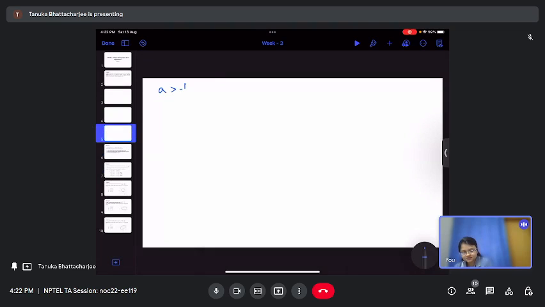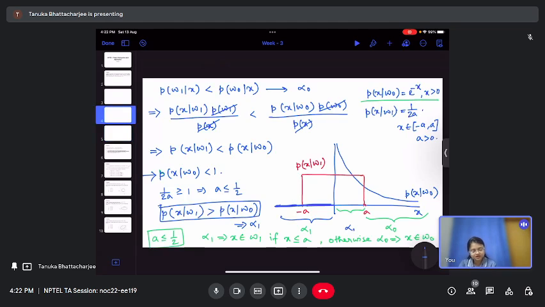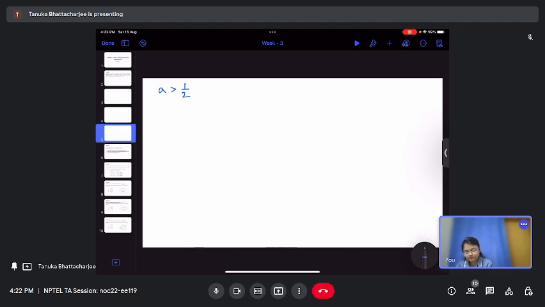If a is greater than half, then for the regions of negative x and x higher than a the decision remains the same, but for the region 0 to a, you will take the decision as alpha 0 if probability of x given omega 1 is less than x given omega 0.